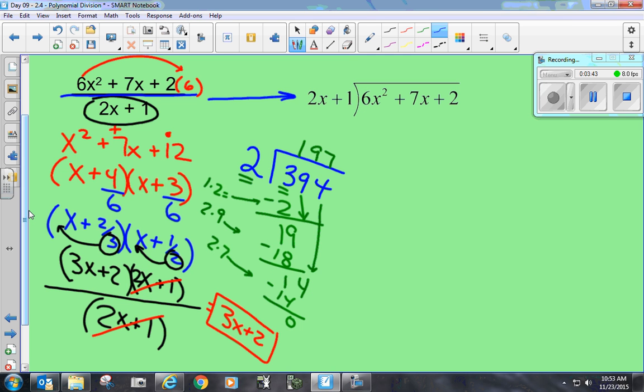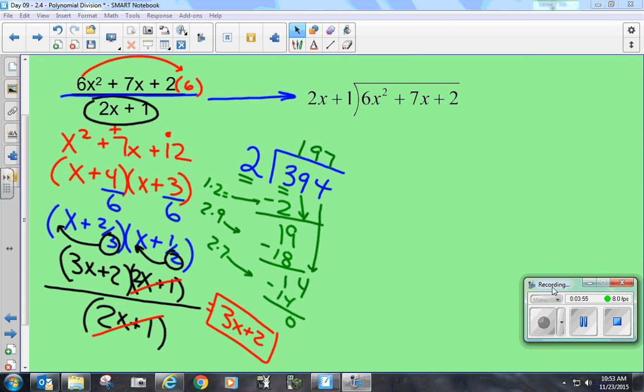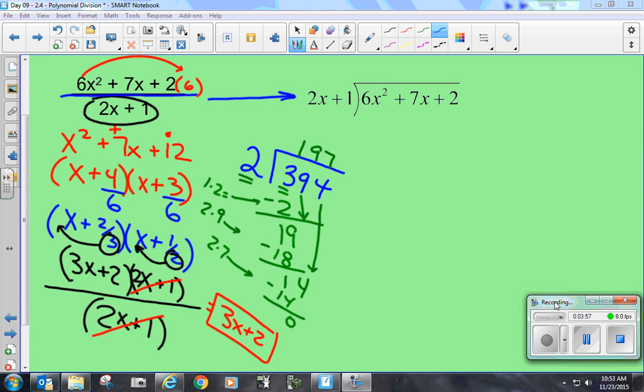And here are the keys. First, I need to make sure I'm not missing anything in either the divisor or the dividend. And what do I mean when I say I've got to make sure I'm not missing anything? Well, on the inside, right here, if I would have had 6x squared plus 2, how many x's do I have here, right? There's 0. There's none. I have to say 6x squared plus 0x.